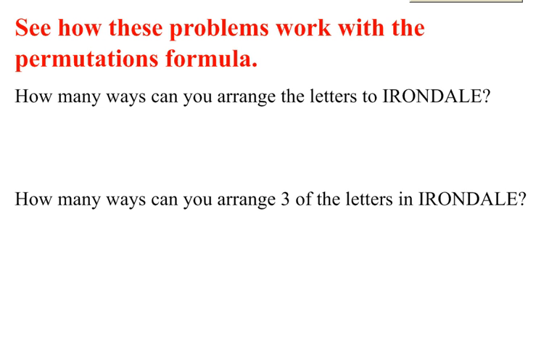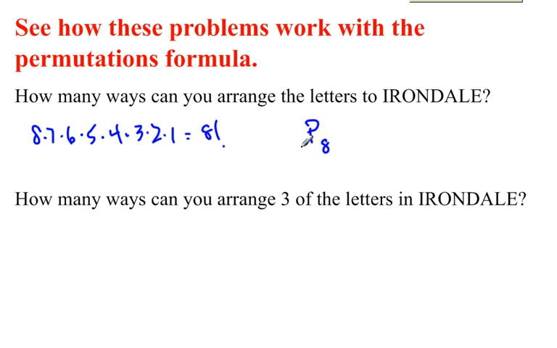All right, so let's take a problem similar to yesterday's, where we were asked how many ways could we arrange the letters of Irondale. There are 8 letters, so you might recall we did 8 times 7 times 6 times 5 times 4 times 3 times 2 times 1, and we said, oh yeah, that's 8 factorial, and we got that large number. We could also say this is a permutation.